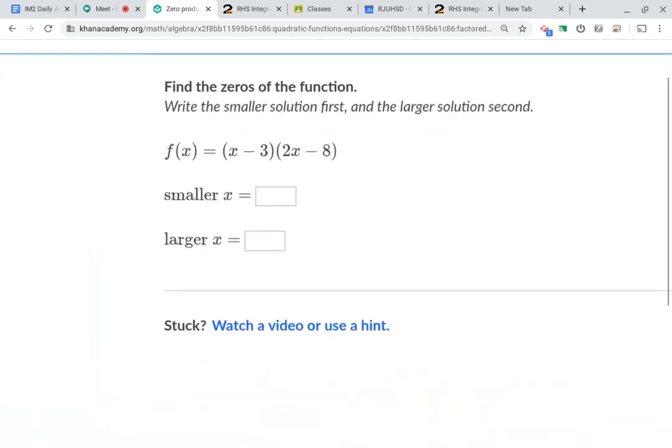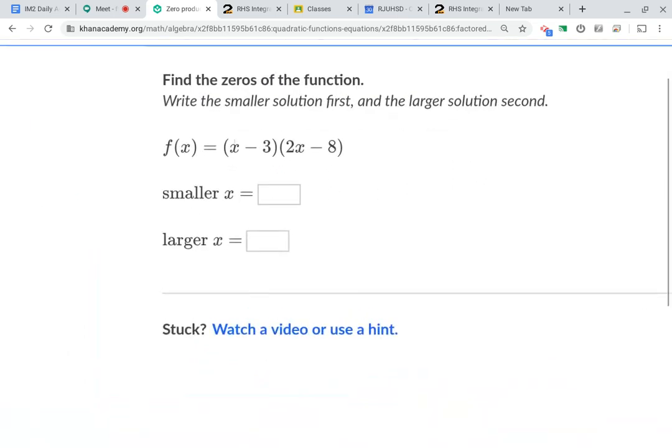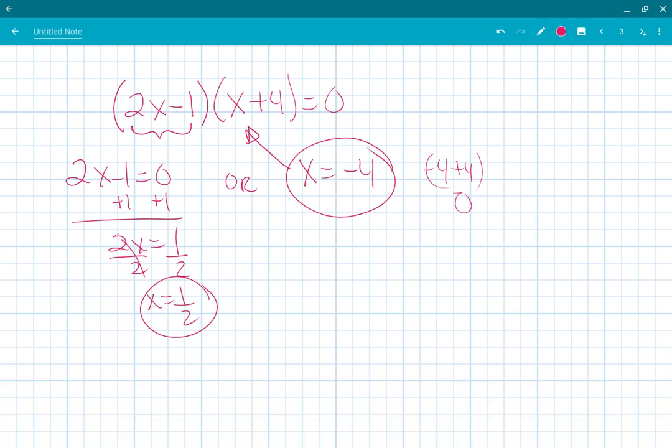All right, so this is easy, right? 3, right? This one's different, 2x minus 8. So on that one, you actually want to do it like this. 2x minus 8 equals 0, and then just add 8.